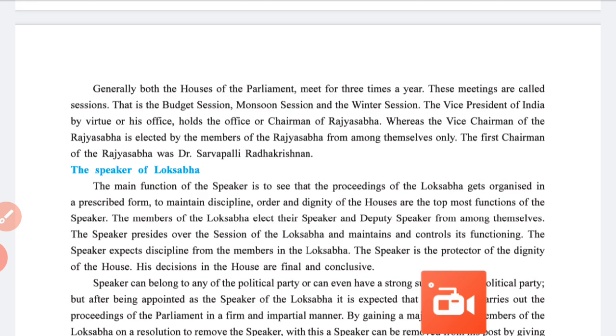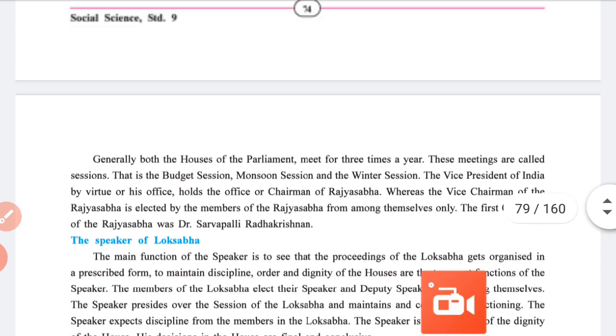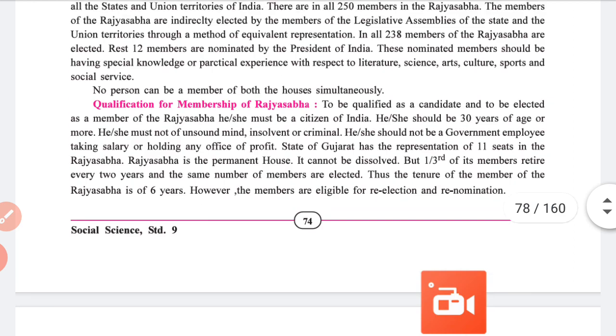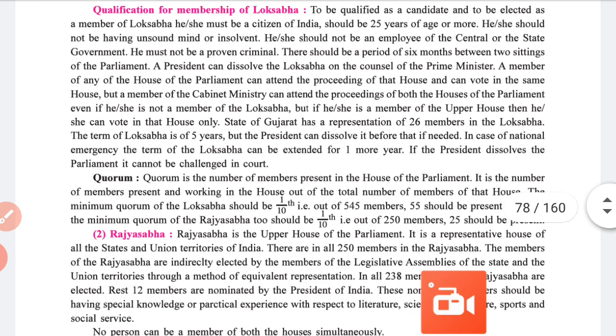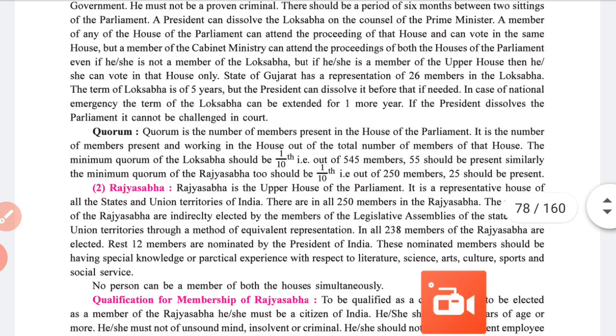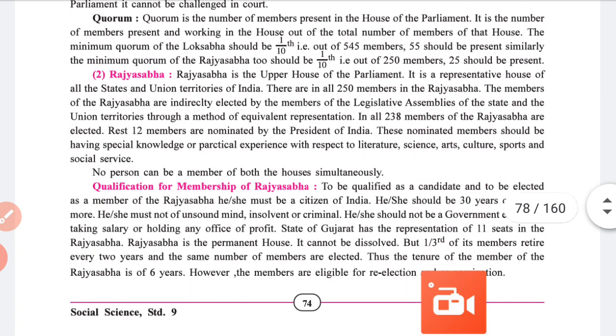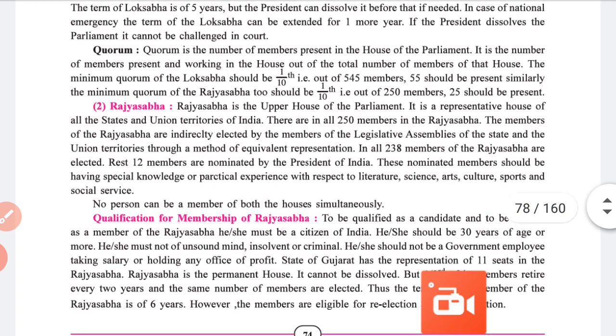You have 2 to 3 minutes. Then also read the quorum, minimum quorum for Lok Sabha and Rajya Sabha also.